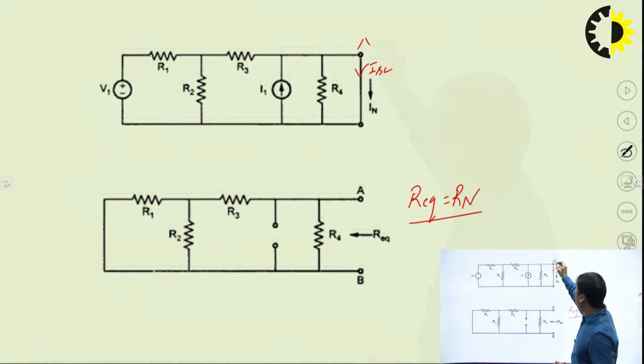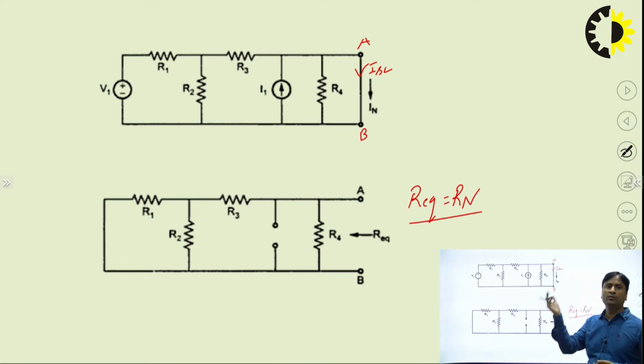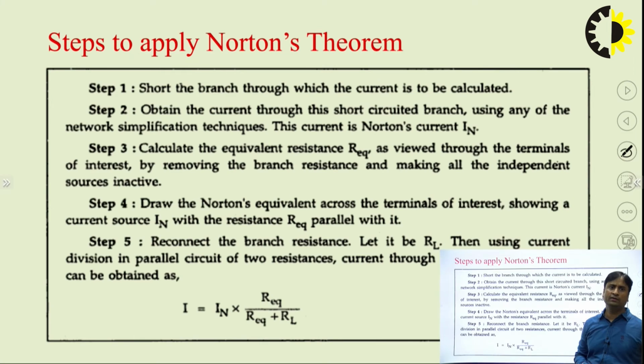Suppose A and B is the point where the load was connected; that load is removed and these two points are short circuited, and then we calculate the current through this particular branch. So IN and Rn, these two things are very important that we can calculate.